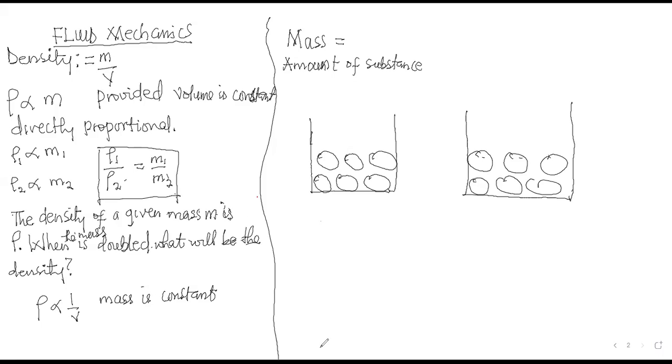Even though we have the same mass, the same number of balls or particles, because their volumes are not the same, we cannot say that their densities are the same. So density is inversely proportional to volume, provided mass is constant.